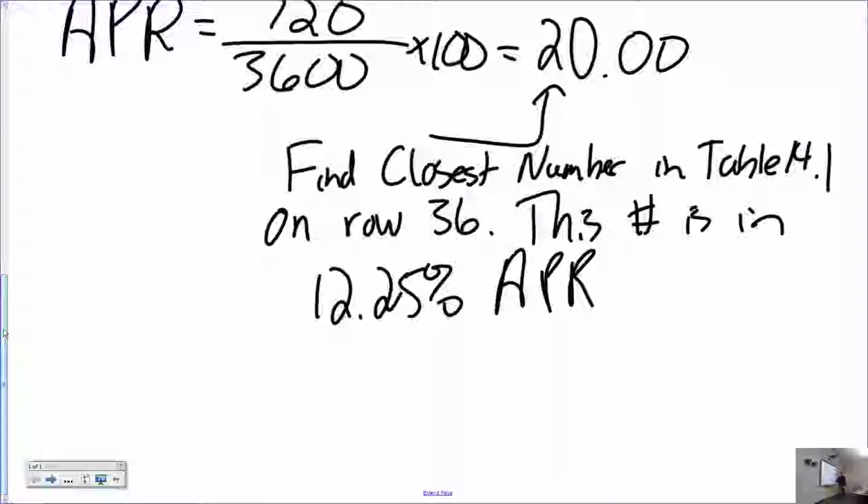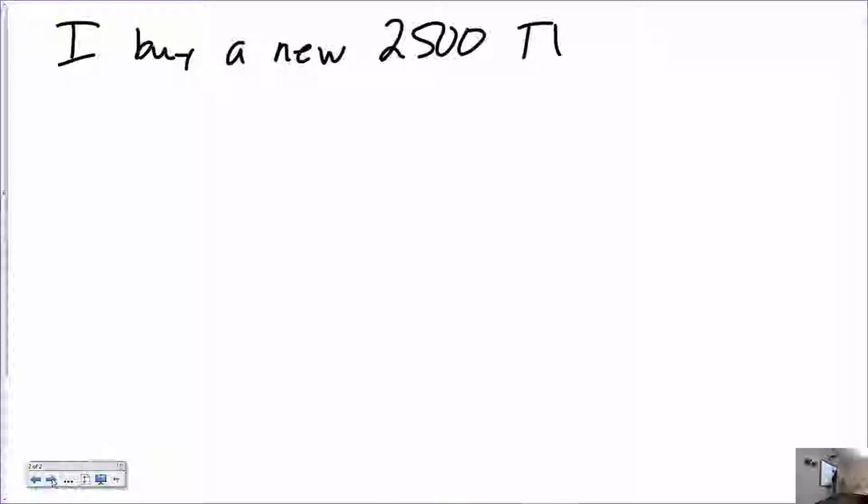All right, so, not bad? Okay, so what if I gave you the other type of problem? So, I buy a new $2,500 TV.